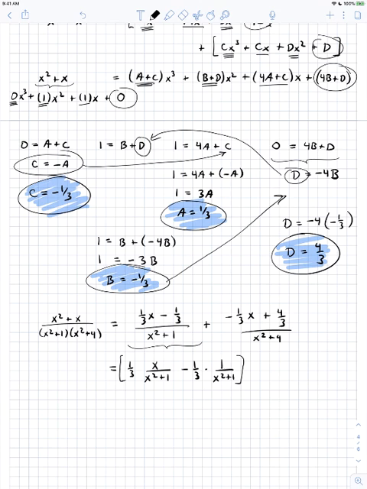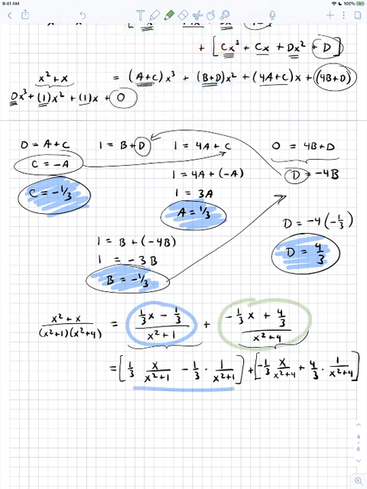You can do the same thing with the next term. So you can write that as minus 1/3 x over x squared plus 4, and then it's plus 4/3 times 1 over x squared plus 4. Now, instead of two terms, we have 4. So the first one breaks apart into these two, and the second one breaks apart into those two.